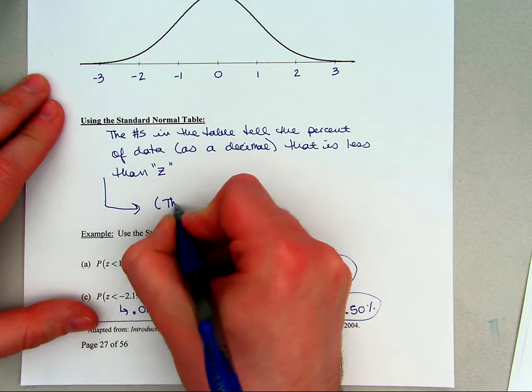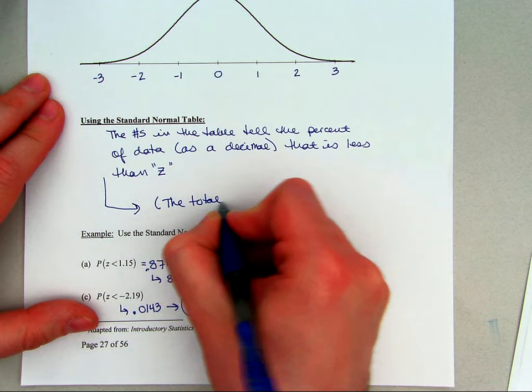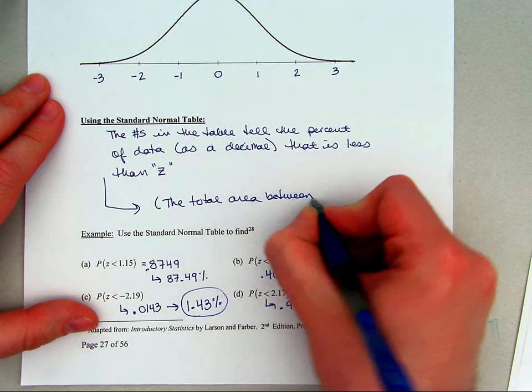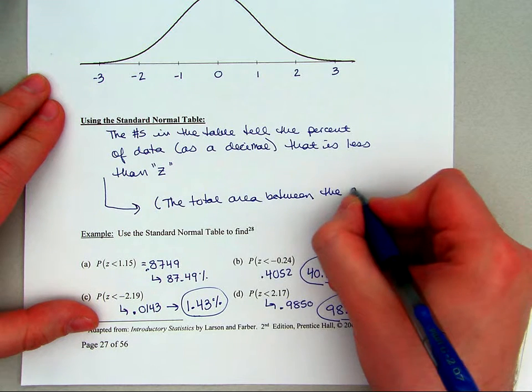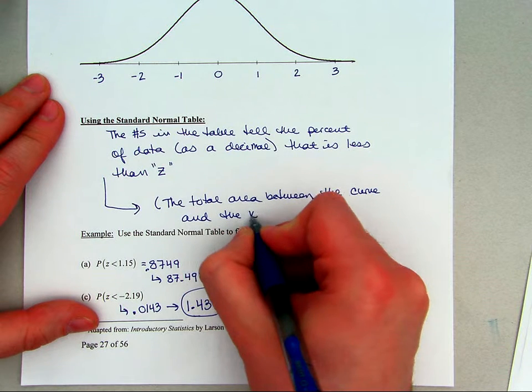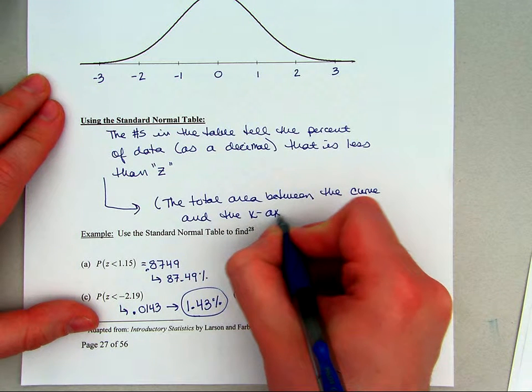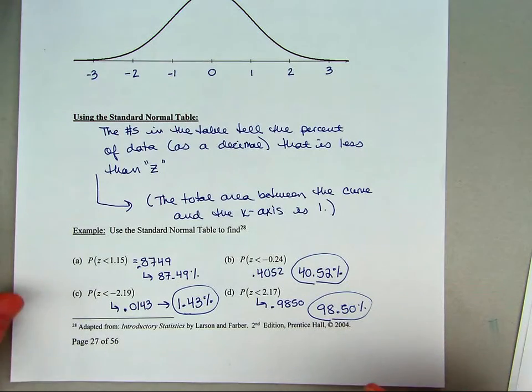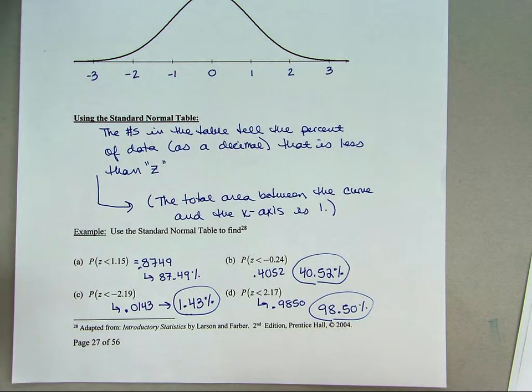I just want to add in here that the total area between the curve and the x-axis is 1. The total area between the curve and the x-axis is 1.